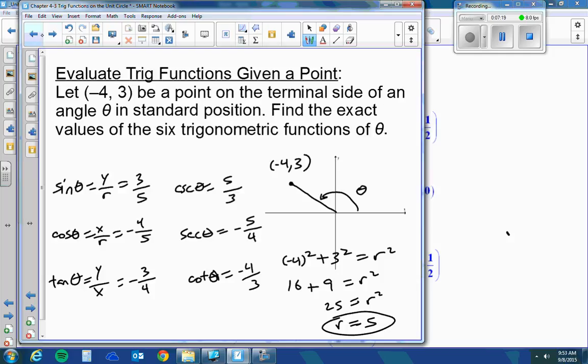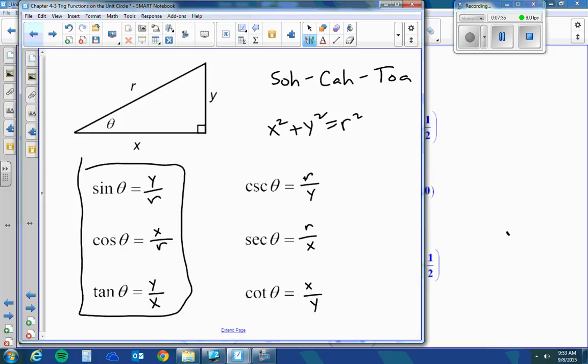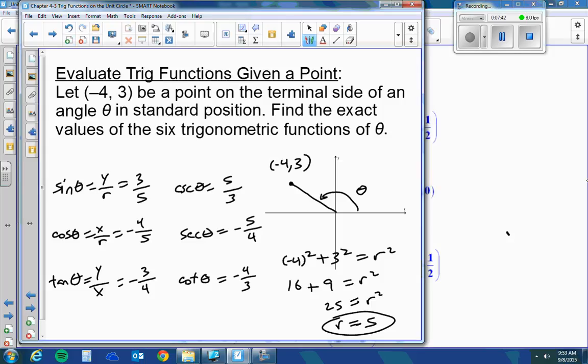Yeah? Oh, yeah, that's a good point, I forgot to mention that. First of all, that's the difficulty here. In the original drawing, I formed a triangle, right? You don't see a triangle here. You could actually form a triangle like this, and I could get these definitions using that triangle.